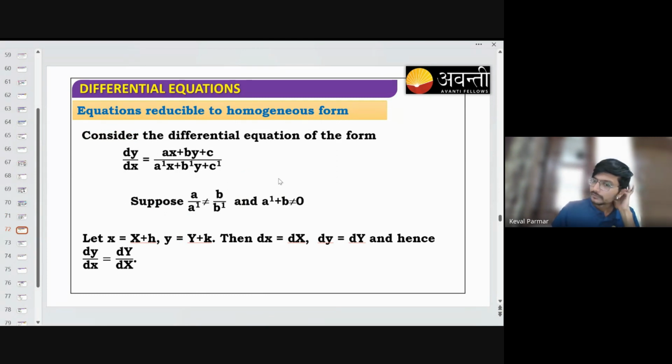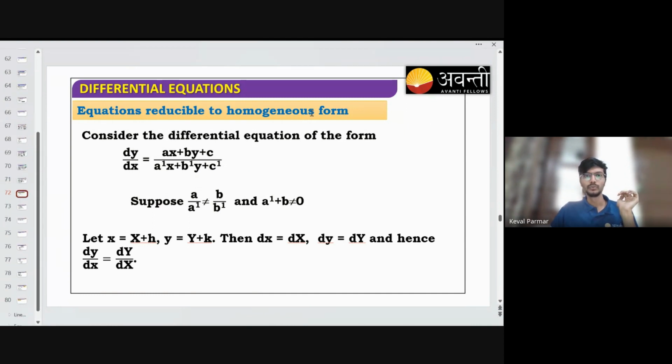Next question is this. Equations reducible to homogeneous form. Now, if you notice the pattern, what is the pattern? Till now, we have 3 methods: variable separable, homogeneous, linear.